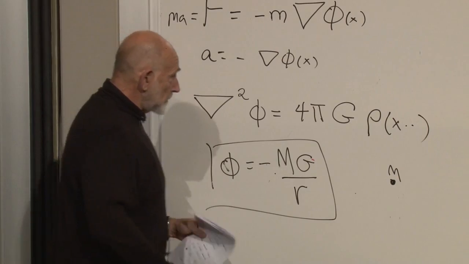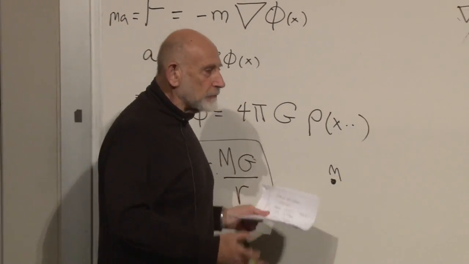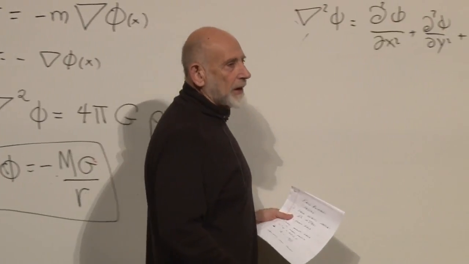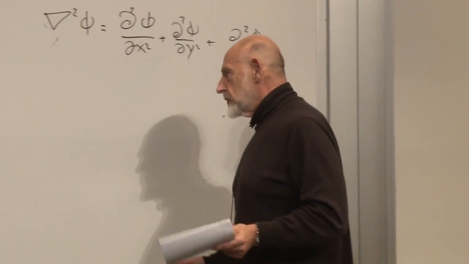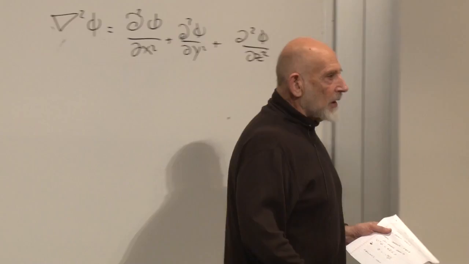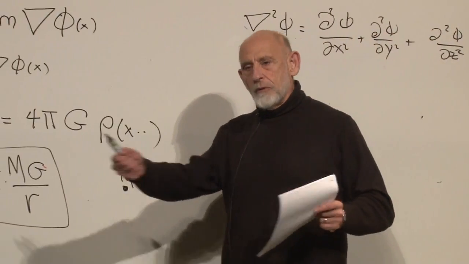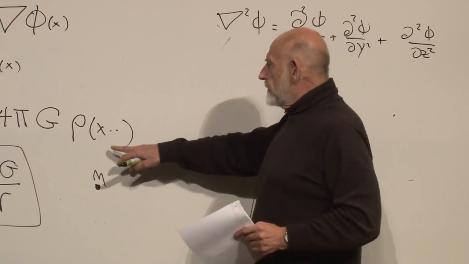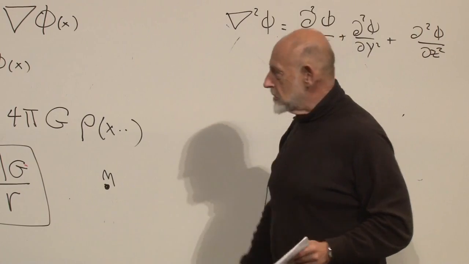So it's all there. And this is a kind of primitive field theoretic way to think about gravitation. Instead of action at a distance, we have a gravitational field. It's still really action at a distance because in Newton's theory, if you move around a mass, phi instantly reacts to it and changes.